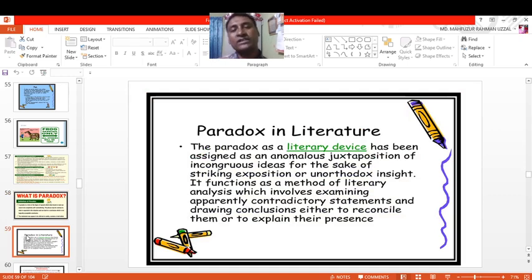The paradox as a literary device has been described as an anomalous juxtaposition of incongruous ideas for the sake of striking exposition or unorthodox insight. It functions as a method of literary analysis which involves examining apparently contradictory statements and drawing conclusions either to reconcile them or to explain their presence.